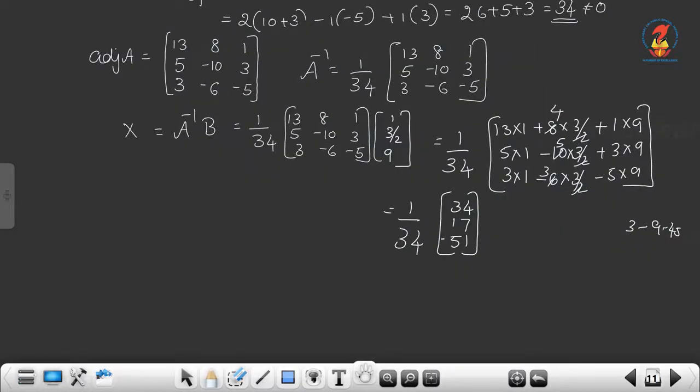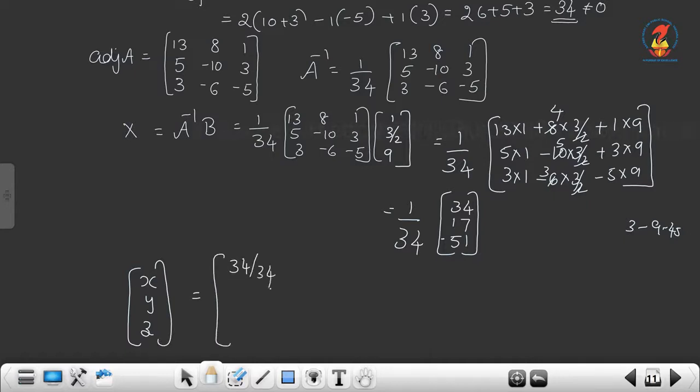Now we have to divide each one. So x, y, z is equal to 34 by 34, 17 by 34 and minus 51 by 34.